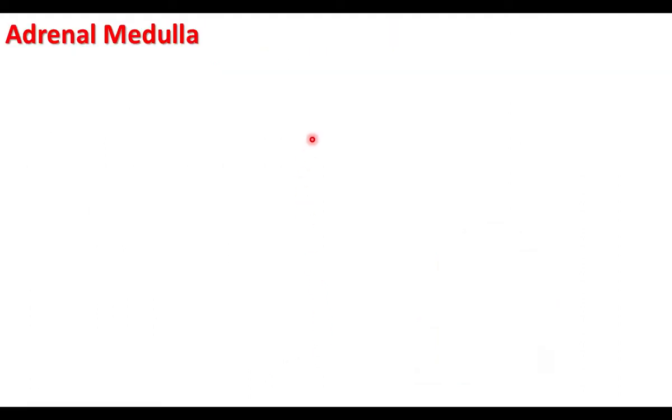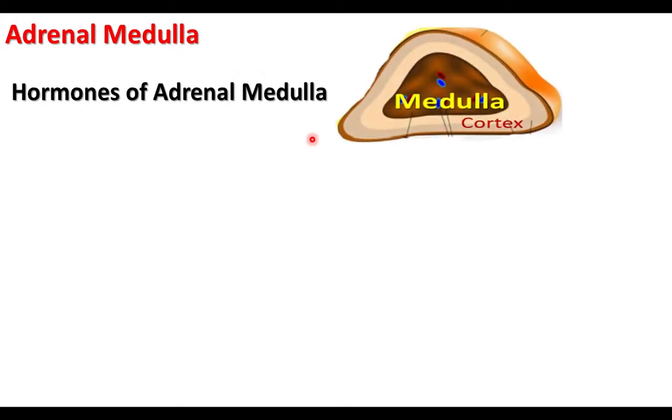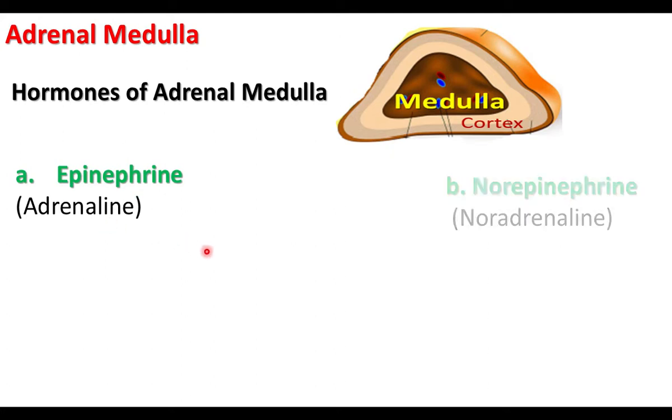The inner part of the adrenal gland is the adrenal medulla. Adrenal medulla secretes two hormones. They are commonly called emergency hormones because these hormones prepare the body to face an emergency situation, a stress situation. Epinephrine or adrenaline, and norepinephrine or noradrenaline are the two hormones of the adrenal medulla.